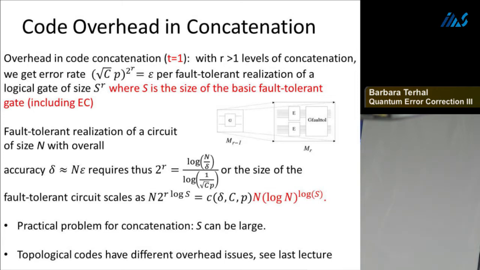It would be ideal, of course, if the overhead would be constant instead of something like log n to some power. It would be just proportional to n. And I'll make a comment about that later in this lecture, that there may be a possibility that this can be done, and it's some recent work that appeared on the arXiv.